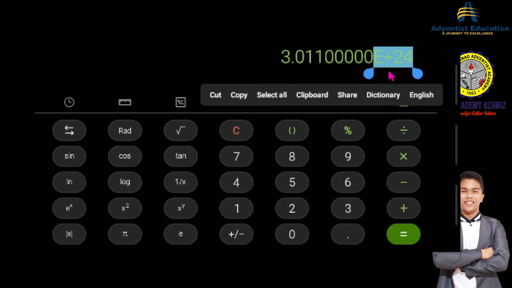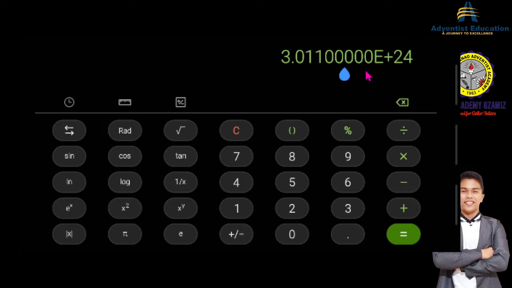So the e means the number is still extended after the decimal point, up to 24 digits.